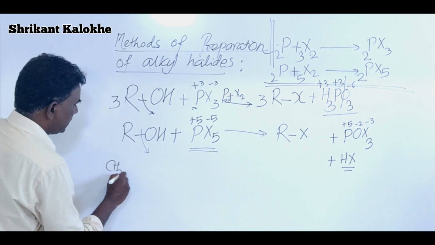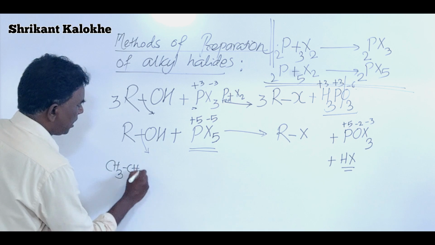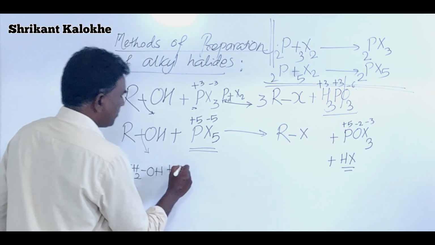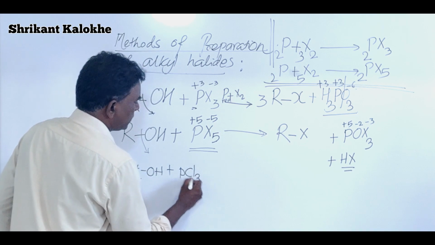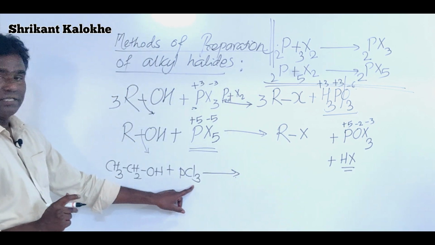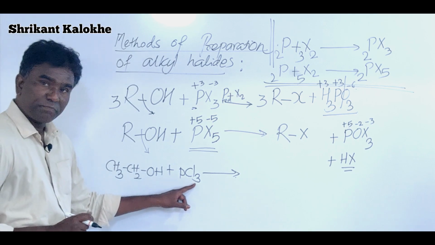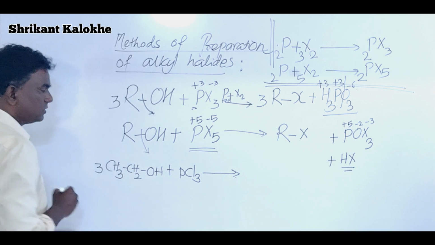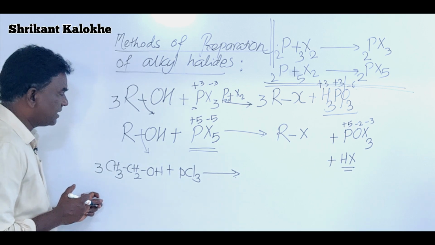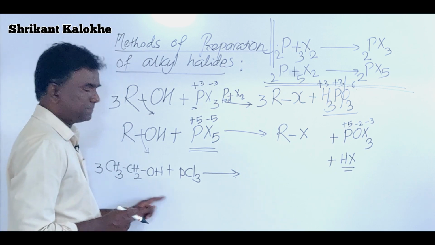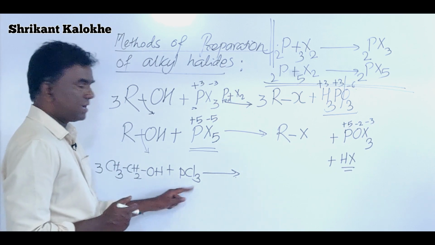For example, if ethyl alcohol is treated with phosphorus trichloride, in the first case that reaction will be balanced with respect to 3 chlorines, therefore 3 alcohols are required here, and 3 OH groups will be displaced by 3 chloride ions.